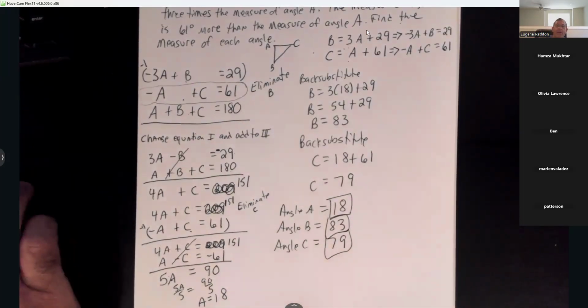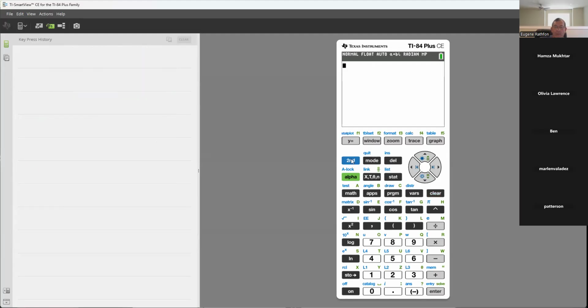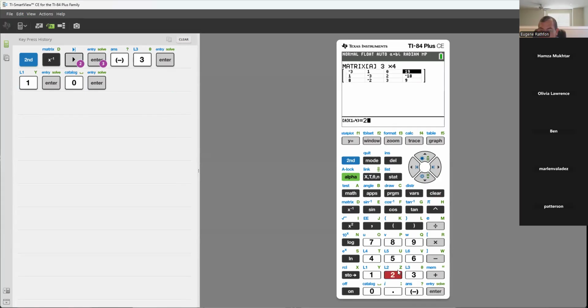All right, y'all. On the calculator, remember, you got to use zeros in place of those missing variables. So second, x negative 1, edit. 3 by 4 still. We had 3 equations, 4 columns. So let's see what we have. We had negative 3a, 1b, 0c equal 29.